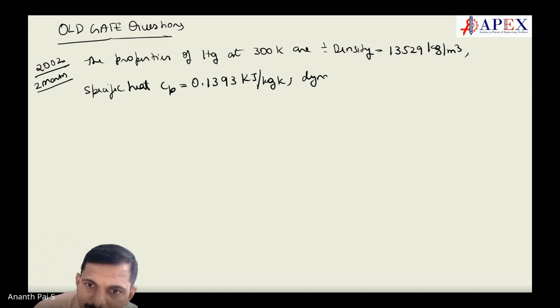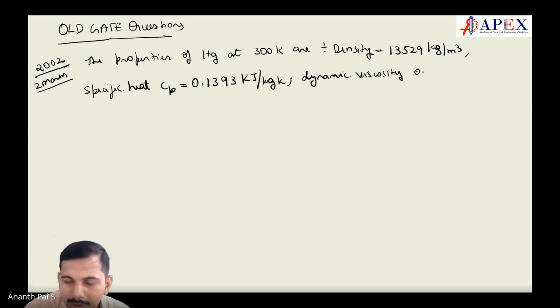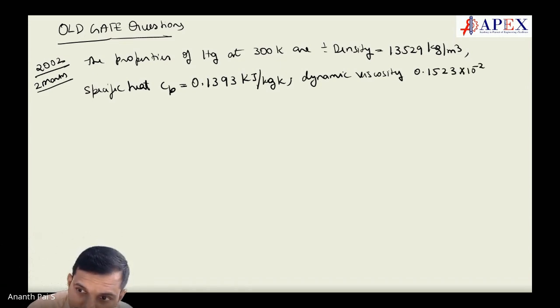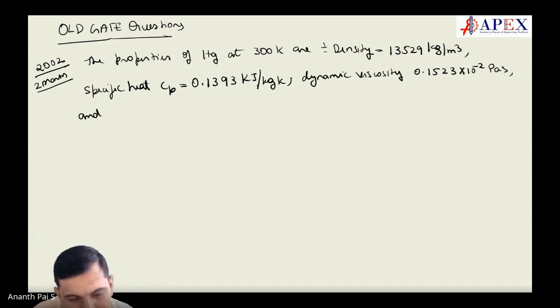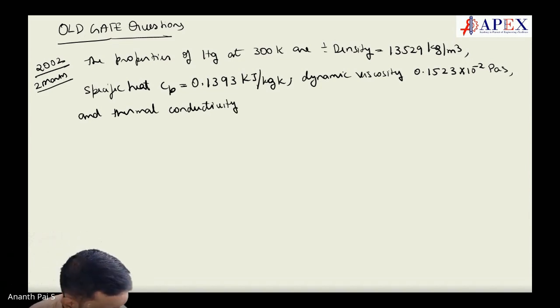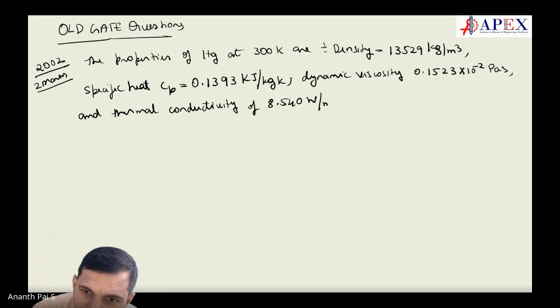dynamic viscosity 0.1523 into 10 power minus 2 Pa-s, and thermal conductivity of 8.540 watt per meter Kelvin.